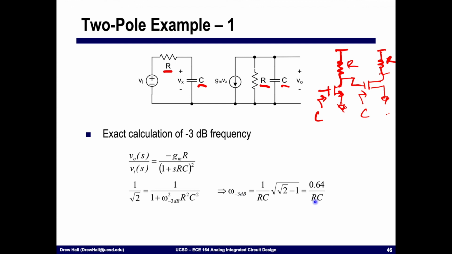Okay, so another way of saying that it's 64% of the pole frequency. Rather than having the 3 dB bandwidth be equal to 1 over RC, having two poles there pulls in the bandwidth by 36%, and my new bandwidth is 64% of 1 over RC.